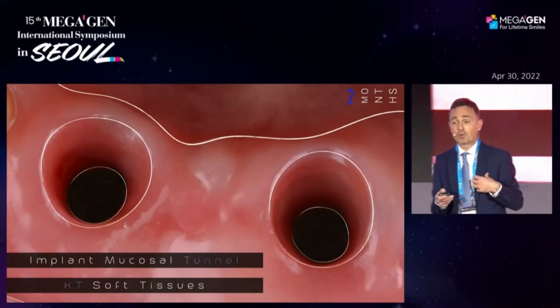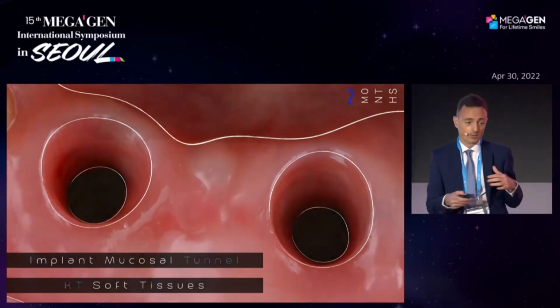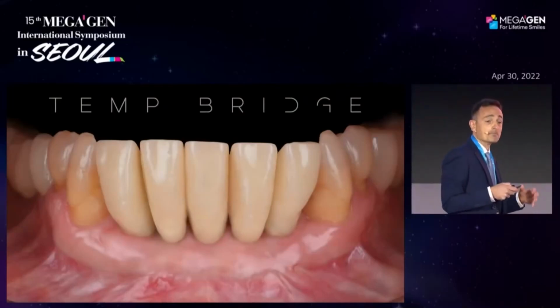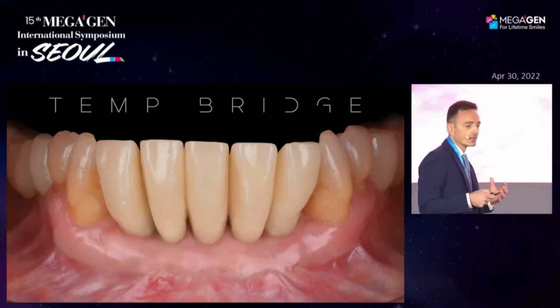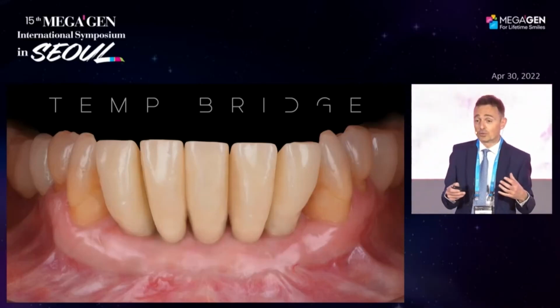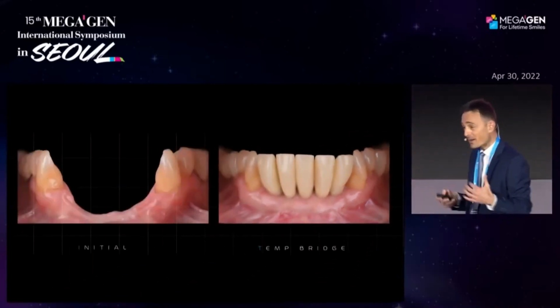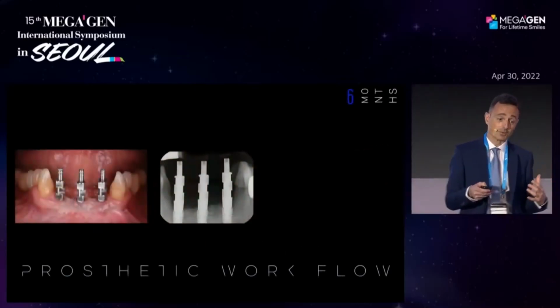And in my opinion, it's very important to maintain the volume in the long term. At this point, we can start managing the prosthetics, and I like to do it using a temporary screw-retained acrylic bridge, and to compare everything with the initial clinical situation.